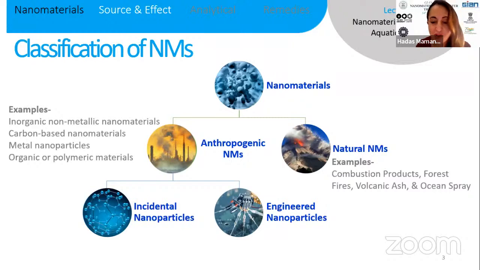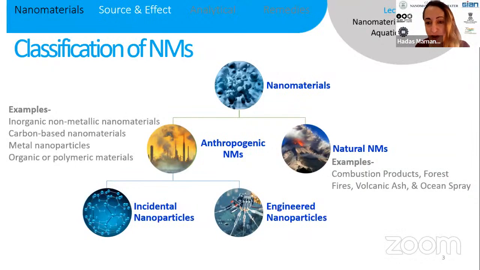Examples of natural nanoparticles include combustion products, soil erosion, forest fires, volcanic ash, and ocean spray. So all these are considered natural nanoparticles.